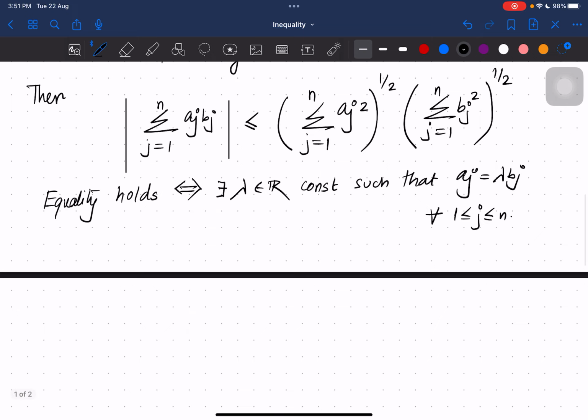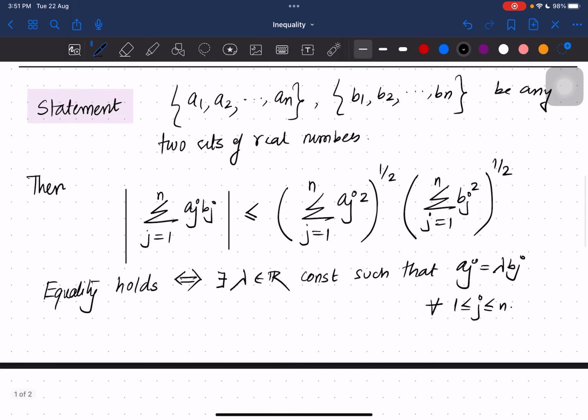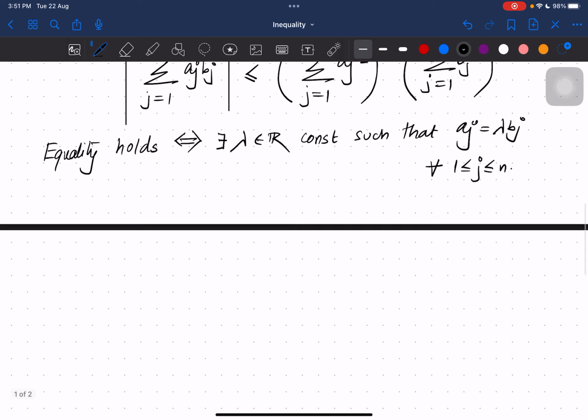Right, so this is the statement. I think the statement is clear. So let us try to prove it.